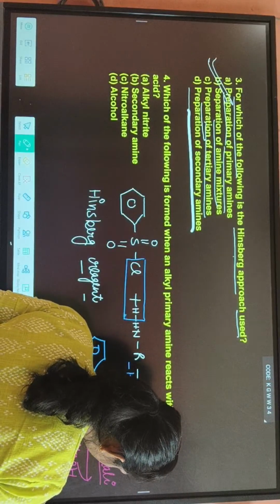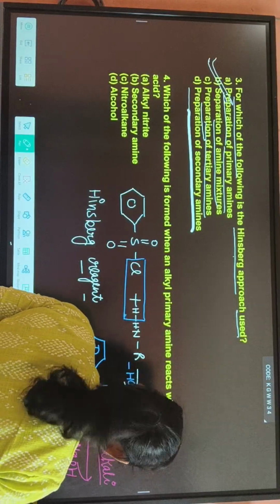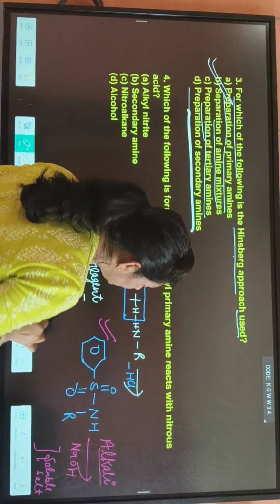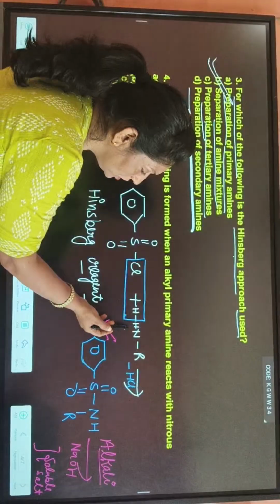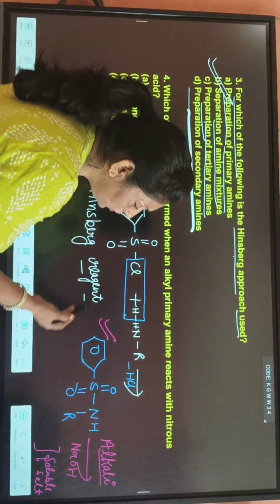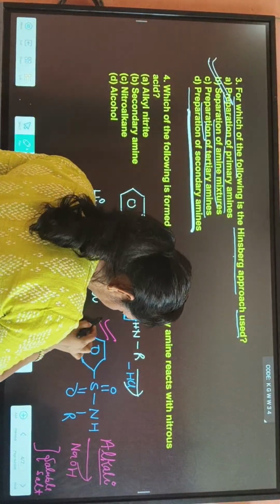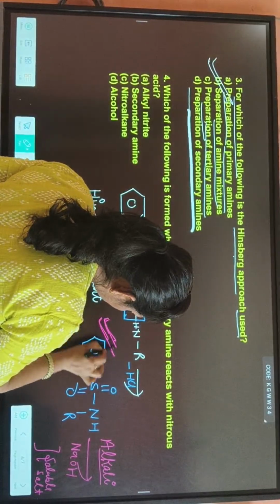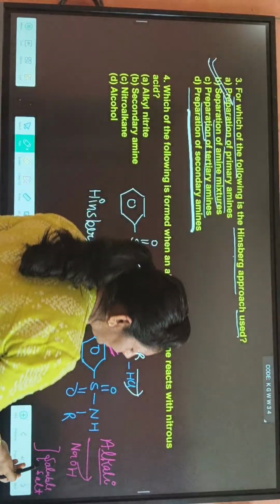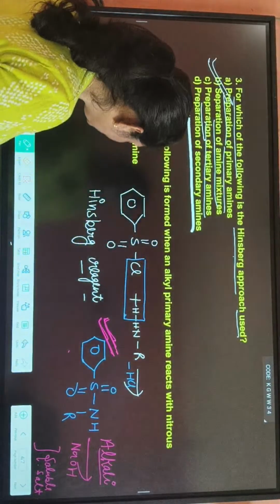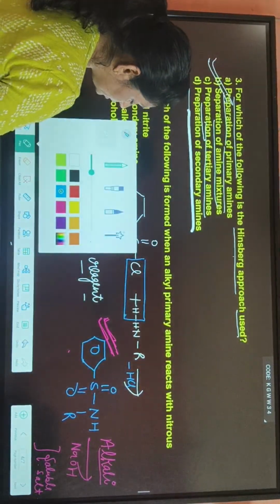If you add alkali to this product, which you get after the reaction of Hinsberg reagent with primary amine, then you get a soluble salt. Okay, then student, you get the soluble salt.